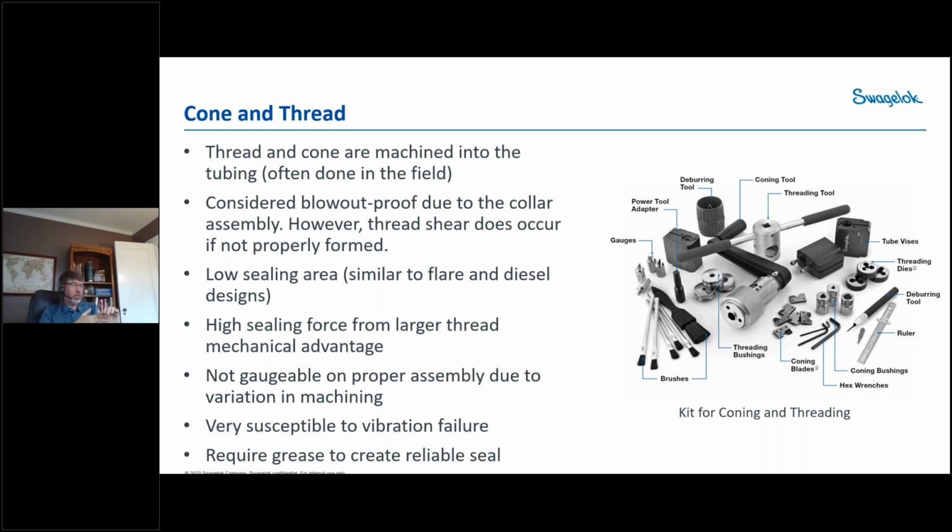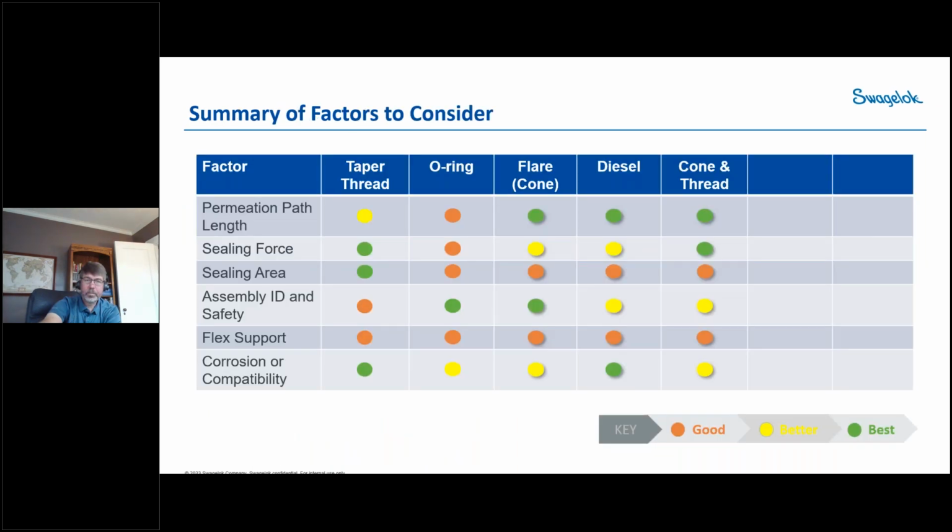Many times there's grease used to create these seals as well, which is never really ideal because that grease will eventually evaporate away or wash away, and what's left is a leak path. So we don't always want to rely on greases to create your seal.